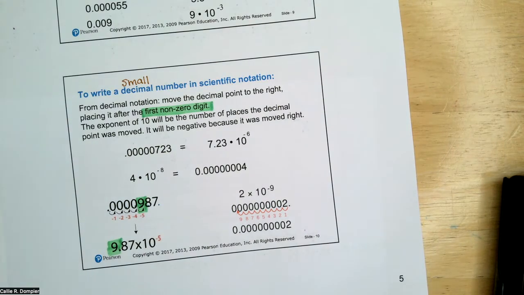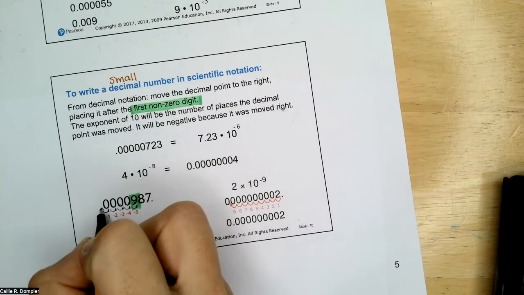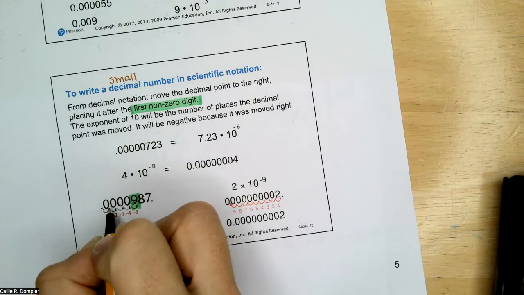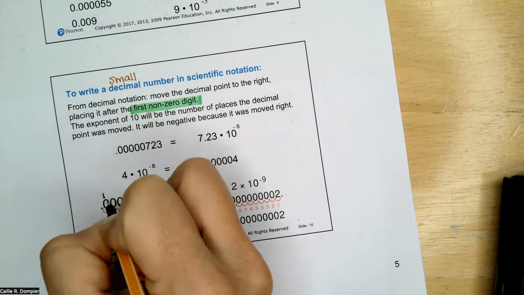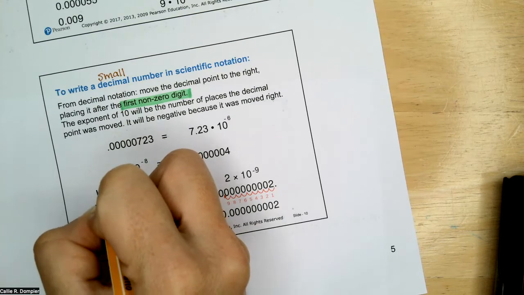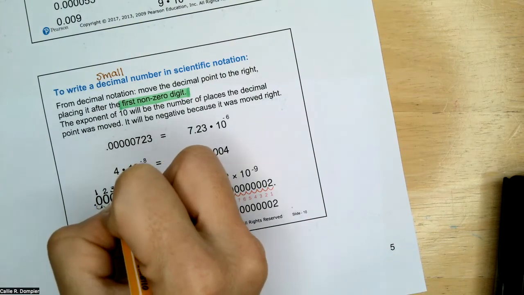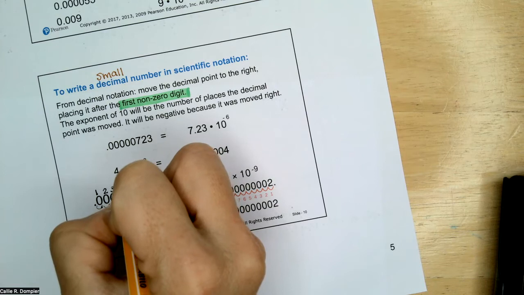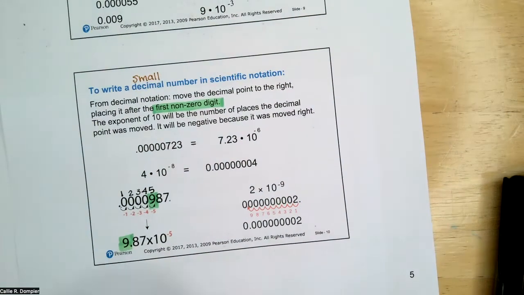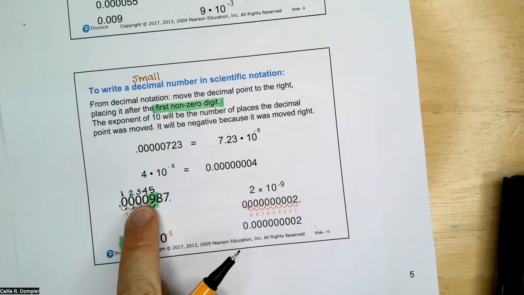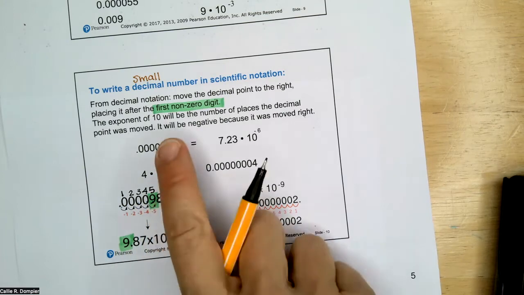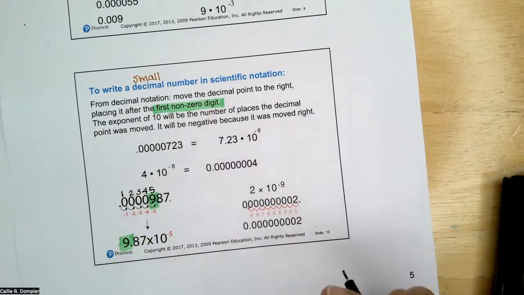So what I'm going to do is count from where the decimal point actually is. 1, 2, 3, 4, 5 times I had to move it until I got to after the first non-zero digit.